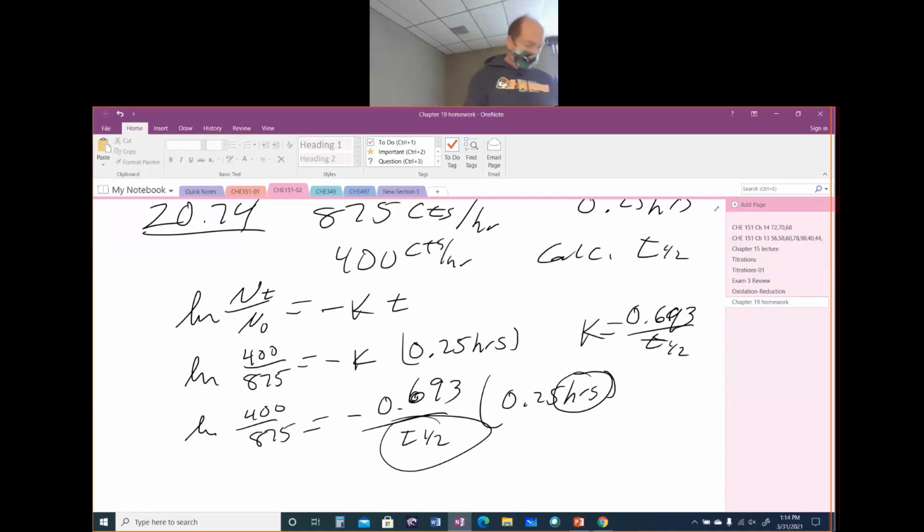Then we multiply both sides by T1/2 and divide both sides by the ln of 400 over 875, times negative 0.693 times 0.25. And so that is 0.221 hours.